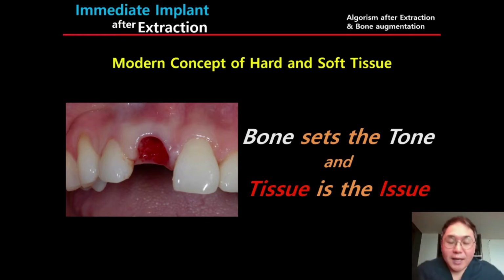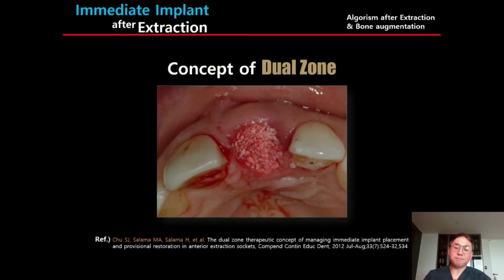So I want to introduce that concept. As Professor Linda said, bone set the tone and the tissue is the issue, because crown or prosthesis will be placed over the soft tissue, so soft tissue should be the issue.